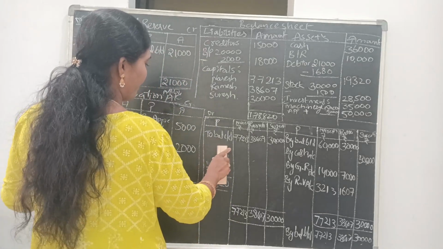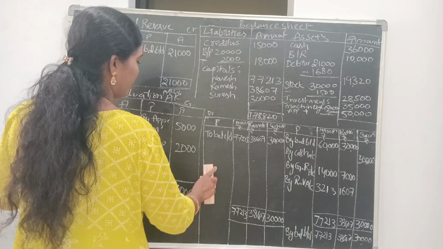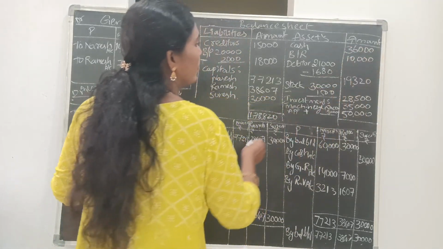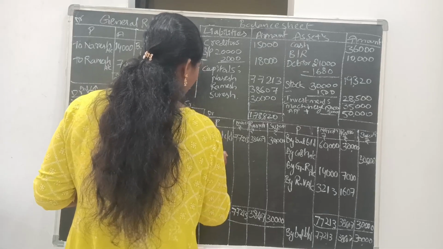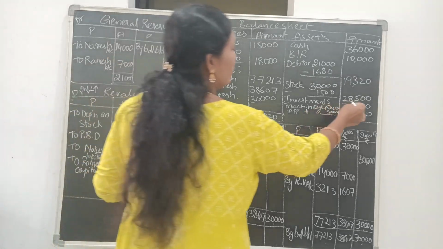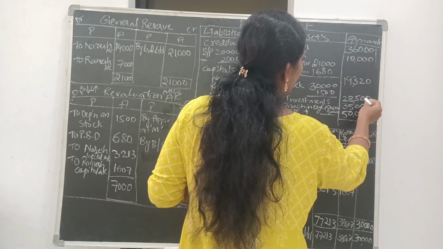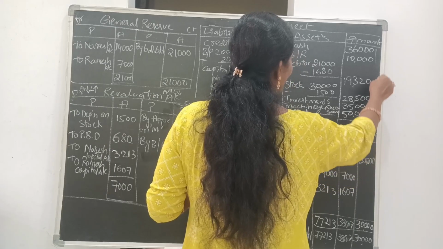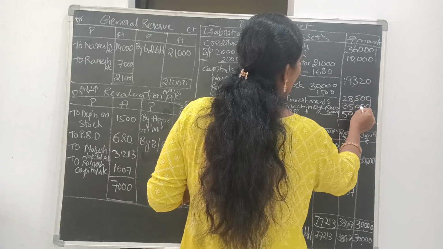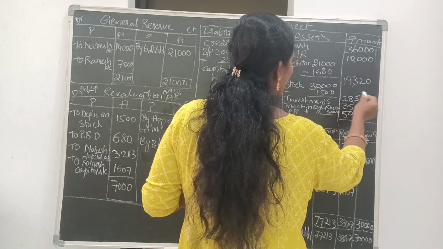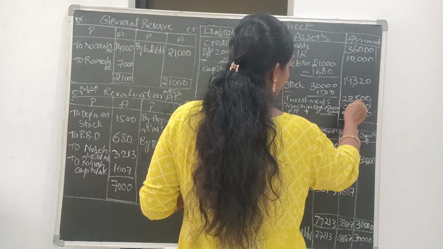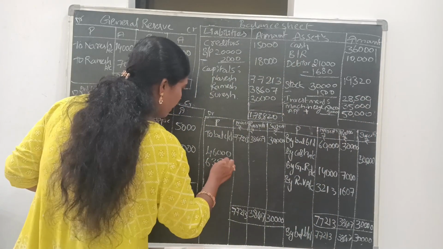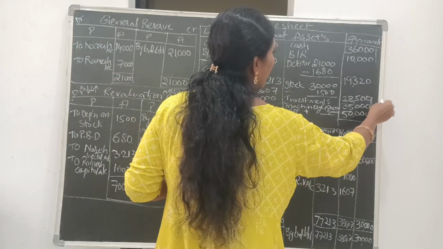So we'll see the asset side. 46,000. Now this is a little bit difficult for me to add, so I will add these two and these two. 35,000 and 50,000 make 63,500, these two I am adding.